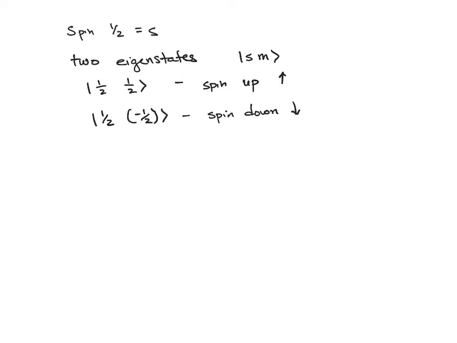So we're expressing the general state of our particle as a 2 element column matrix.